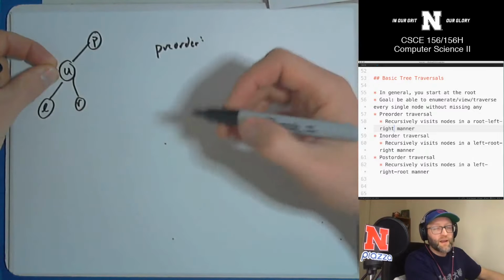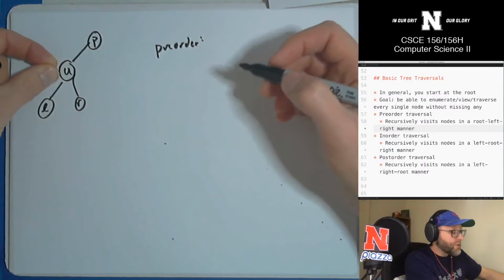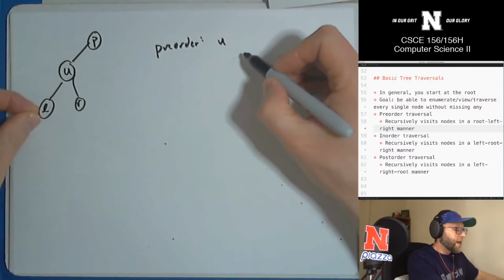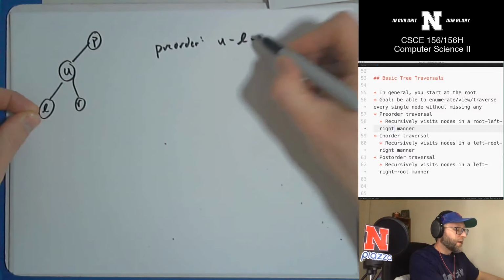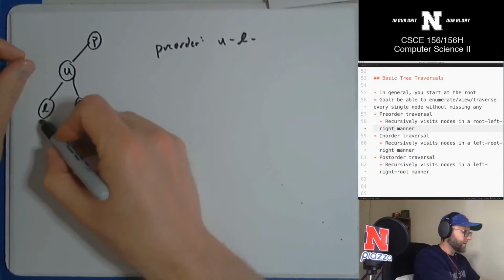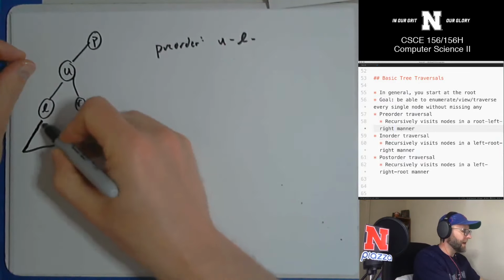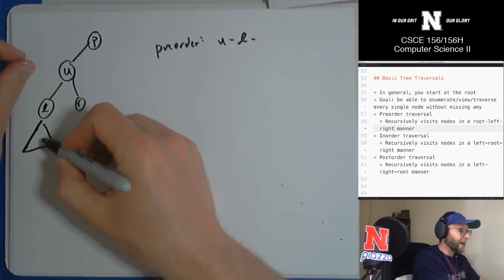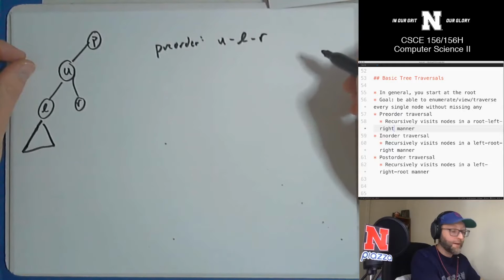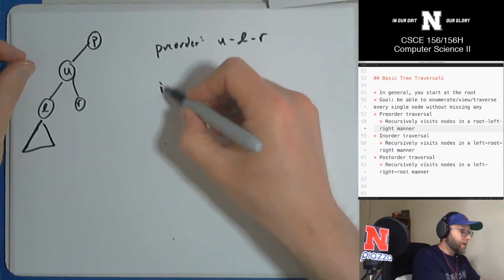I process it, I examine it, I do whatever I'm going to do with this data. I do the root first. Then I go down to the left. Then when I'm done completely with the left subtree, there might be an entire tree hanging off of this. I explore the entire thing before I come back and explore the right tree. I do that after.